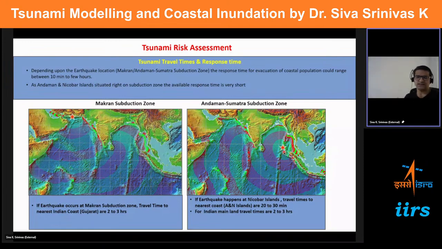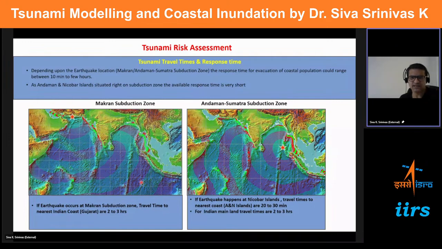So imagine a tsunami-genic event is triggered, and we have got the earthquake details. Now I have to simulate and find out what is the wave height at the east coast and at the west coast. So how much time do I have? I have a time of 2 to 3 hours.